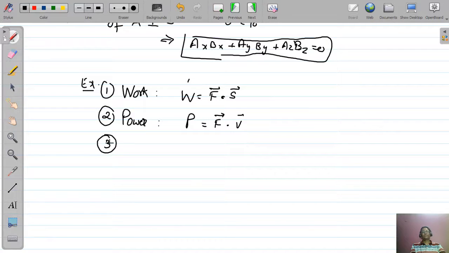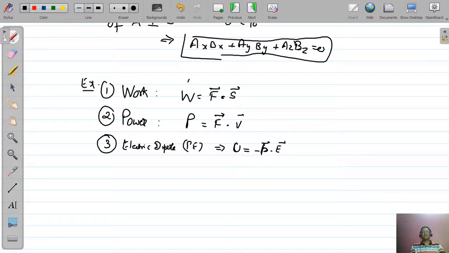Similarly, the potential energy of an electric dipole, we define as U equal to minus P dot E. P is the dipole moment of the dipole and E is the electric field in which the dipole is placed.